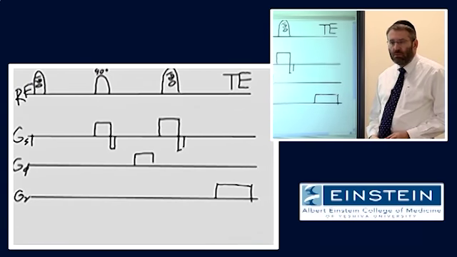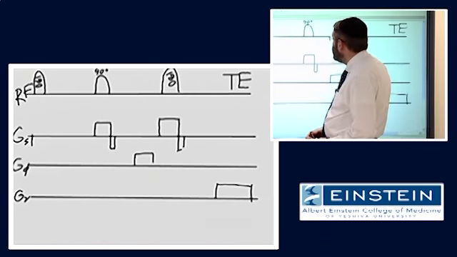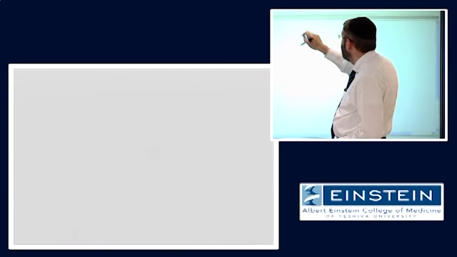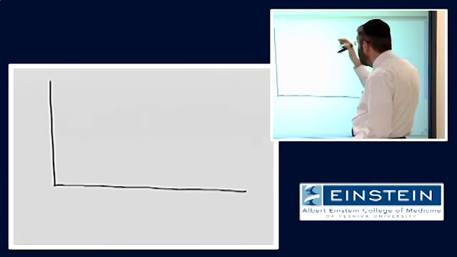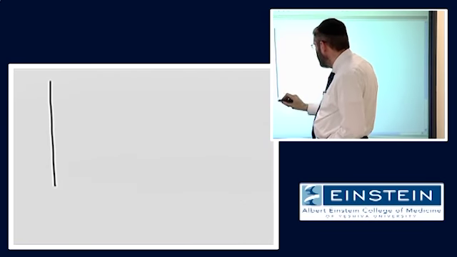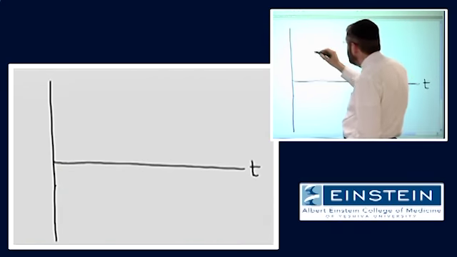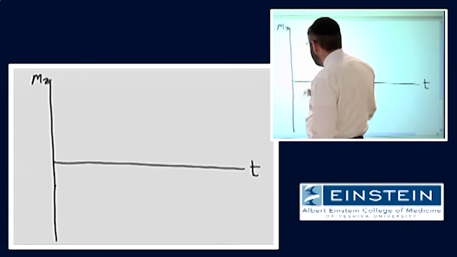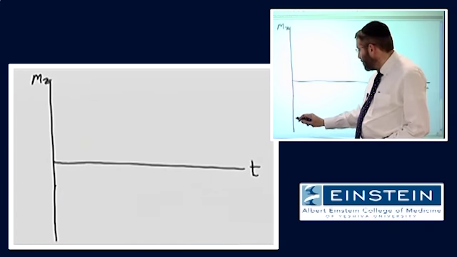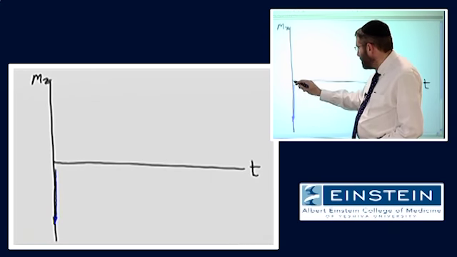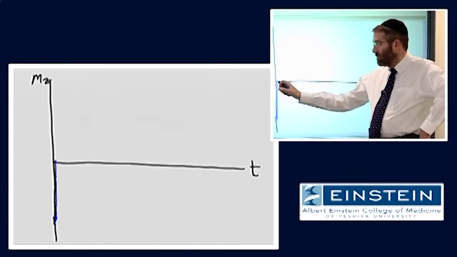And how? Well, let's look at what happens. So the definition of that 180 degree RF pulse is that our magnetization looks like this when we start out.